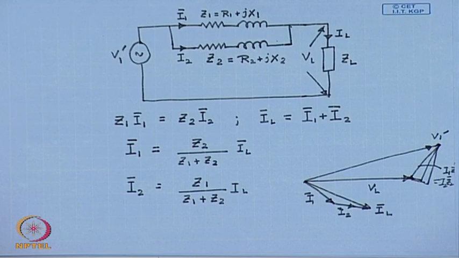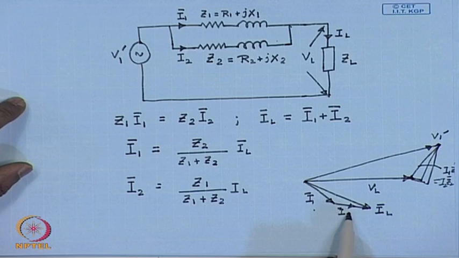Now, it is obvious from the phasor diagram that the current in the two transformers will be minimum when I1 and I2 are in same phase, because then IL will be the algebraic sum of I1 and I2.